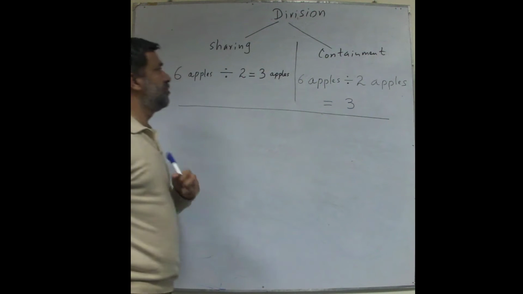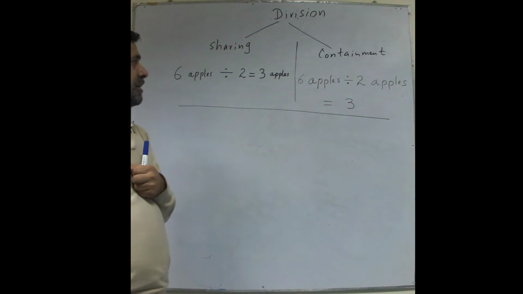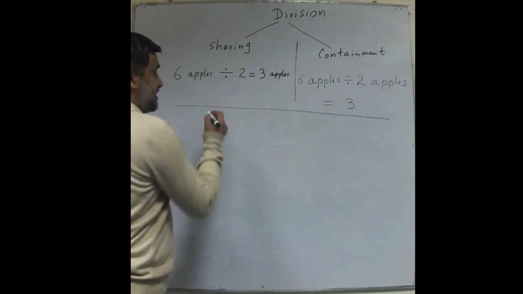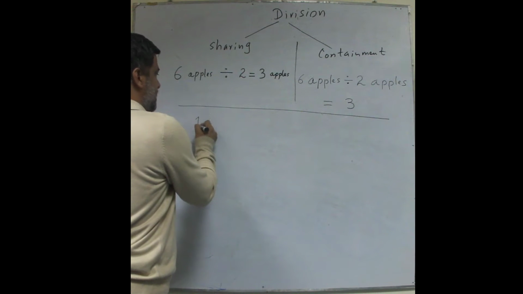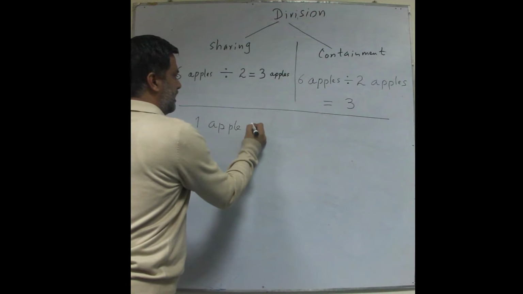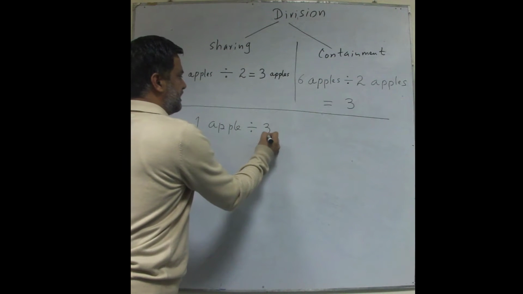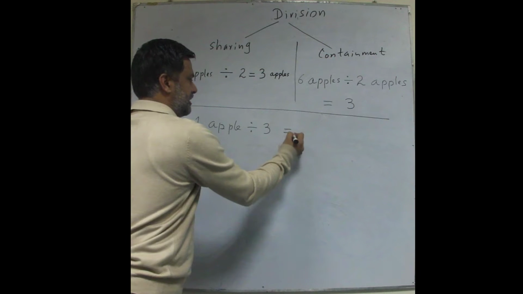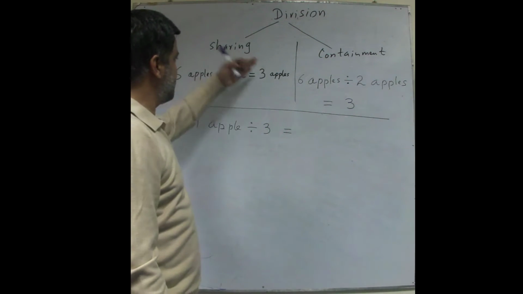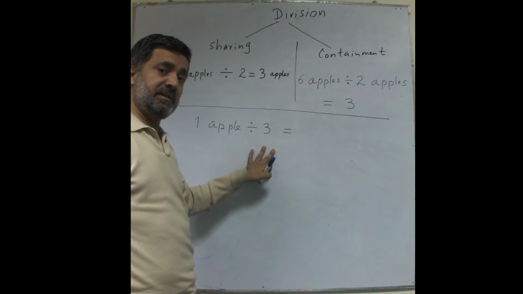What is not so obvious is what do we do in a situation like that. Let's say I have 1 apple and I want to divide this among 3 persons or 3 individuals. Now this was easy here, but here it's kind of difficult.